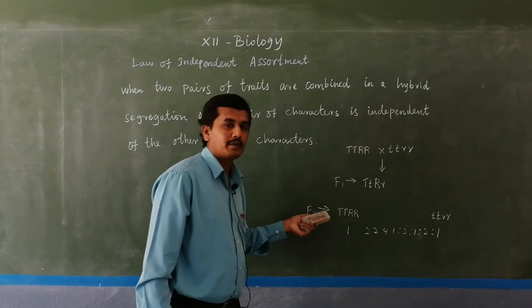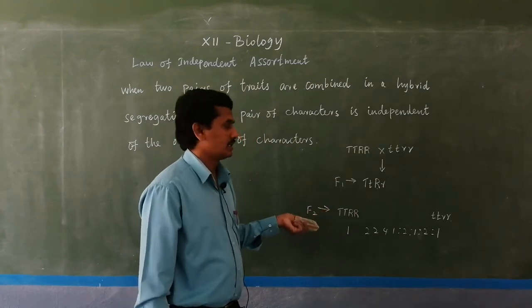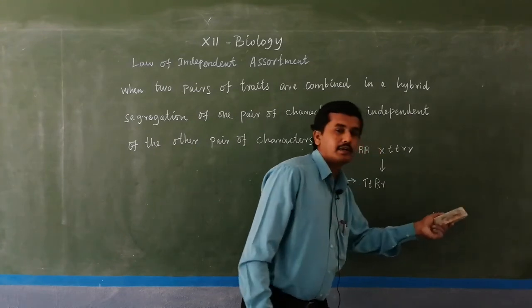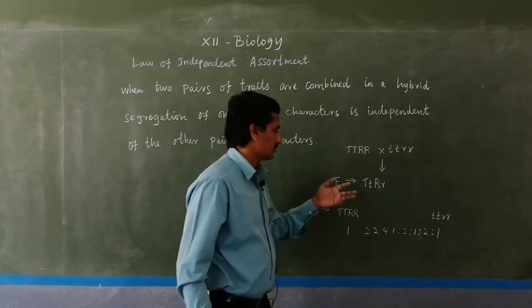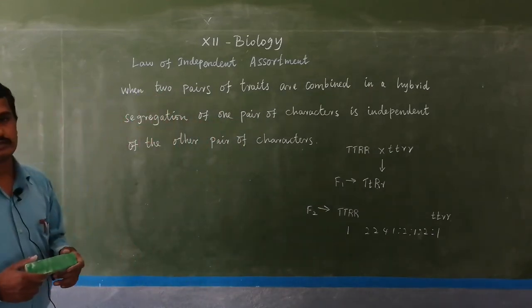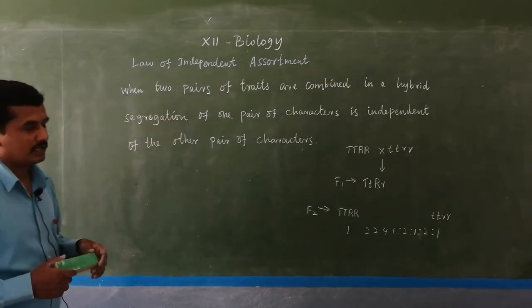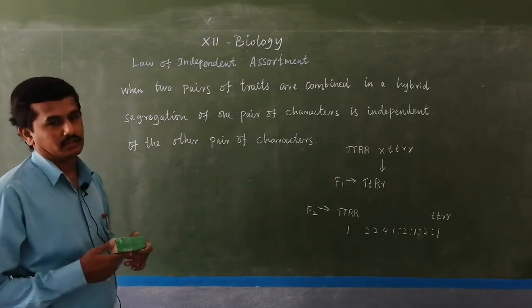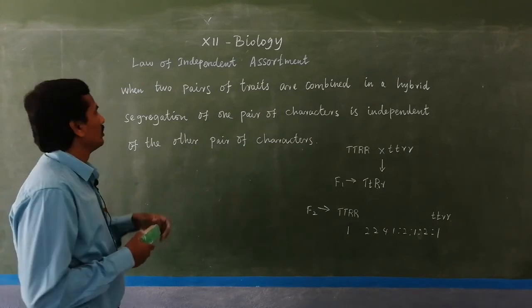Homozygous round is independently segregated, and homozygous dwarf and wrinkled is independently segregated. This is the law of independent assortment. The law was formulated by Mendel with the use of the dihybrid cross, inheritance of two genes.